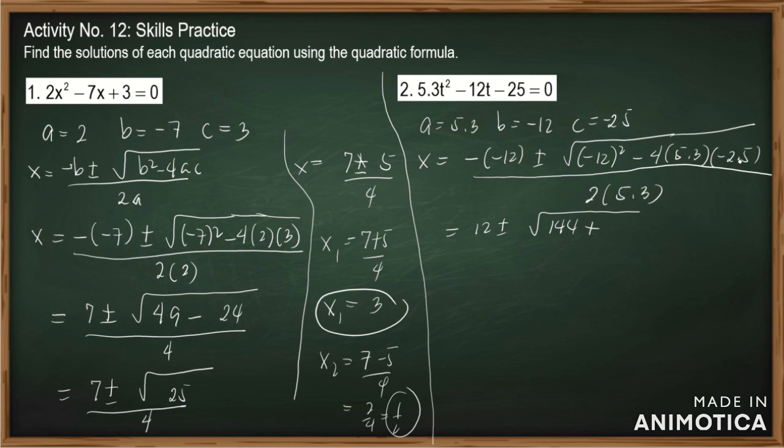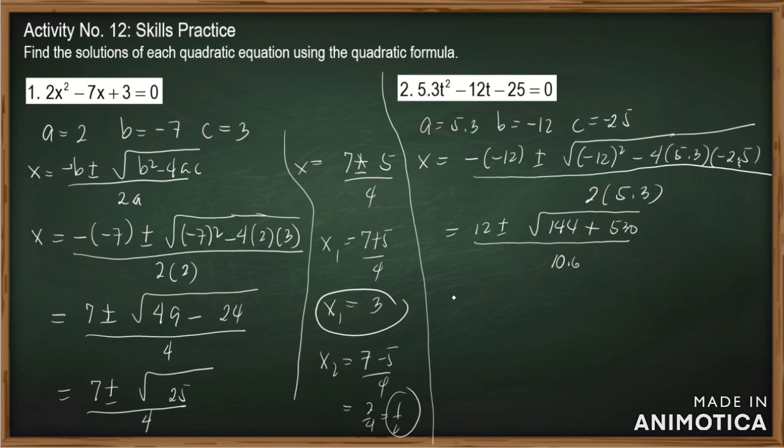By the way, it's not 2.5. It's 25. Equals 530. Okay. Then divide by 2 times 5.3. 2 times 5.3 is equal to 10.6. You have 10.6.